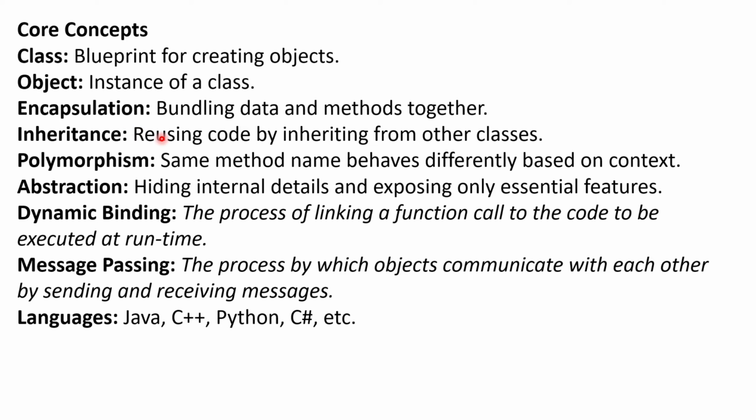And in inheritance, we reuse the code by inheriting from other classes, from the parent classes to the child classes. We usually use it. And the next one is polymorphism. We have the same method name or behavior, and the same method name behaves differently based on context, where we usually see overriding and overloading.